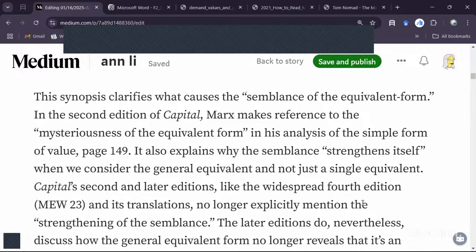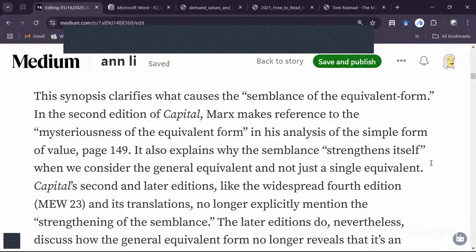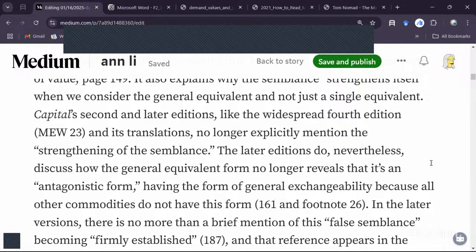Capital's second and later editions, like the widespread fourth edition, MEW 23, and its translations, no longer explicitly mention the strengthening of the semblance. The later editions do, nevertheless, discuss how the general equivalent form no longer reveals that it's an antagonistic form, having the form of general exchangeability, because all other commodities do not have this form.